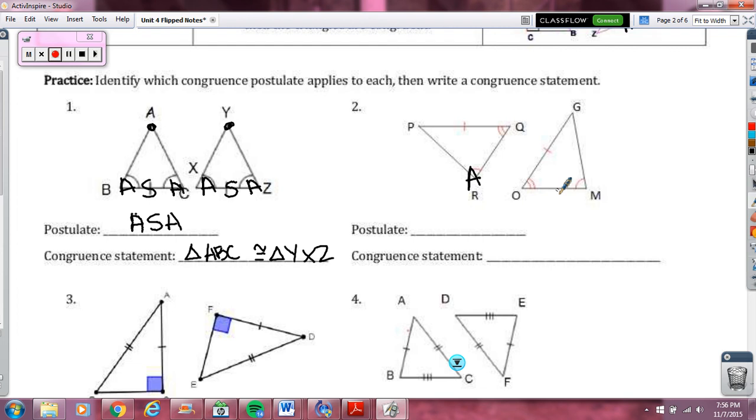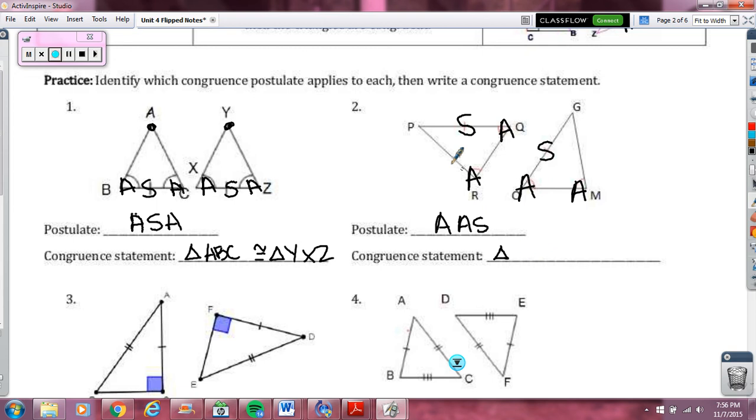Number 2, which postulate? I see an angle that they have in common. I'm skipping over a side to another angle, and then I got a side off to the side. So this one is AAS because they don't have a side in between them in common. It's the side that's kind of off to the side.